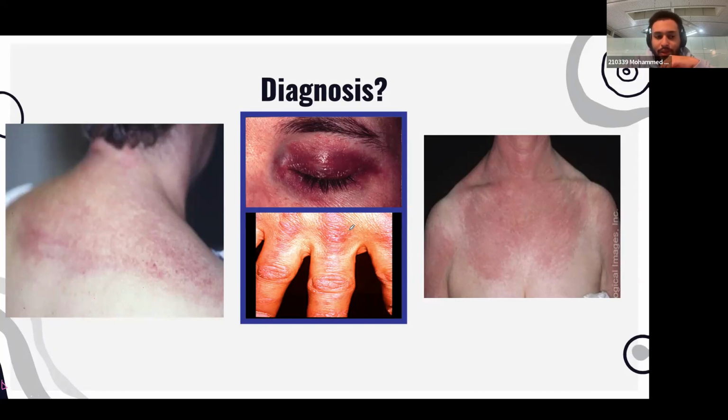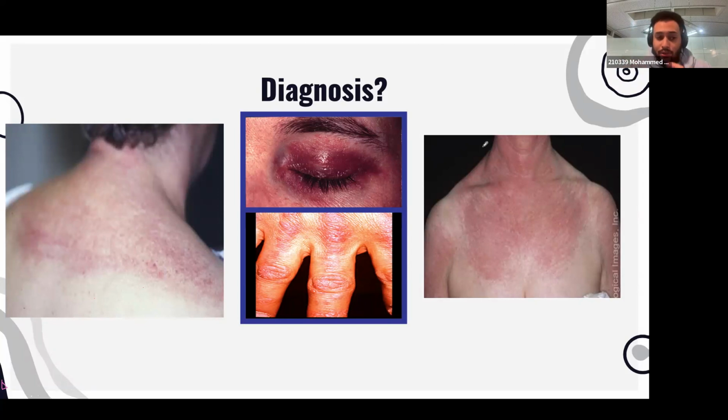What group of muscles is affected in dermatomyositis? Okay. The group of muscles that's affected in dermatomyositis and also polymyositis is the proximal muscle group, shoulder and the pelvis. Okay. These are the two areas.